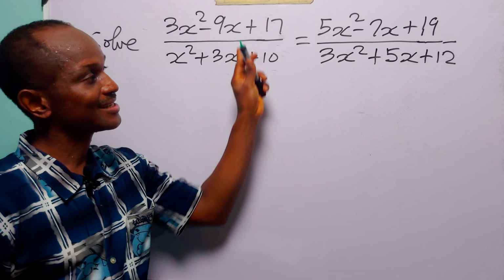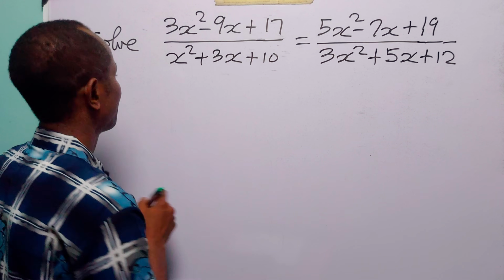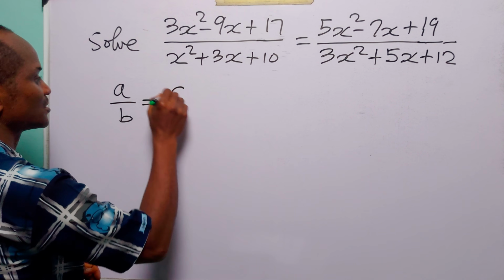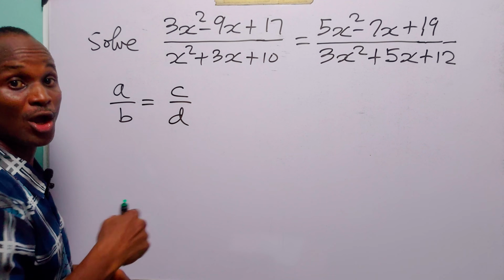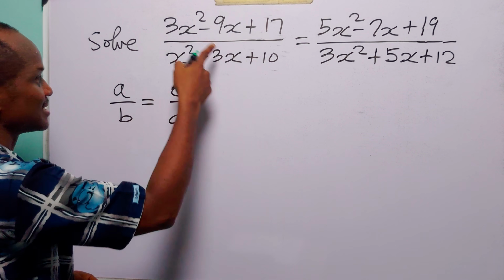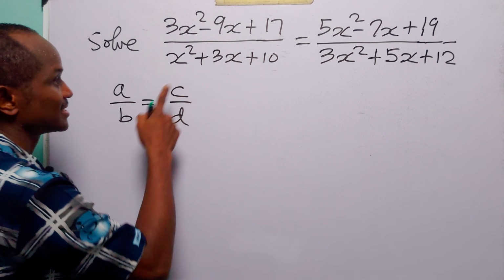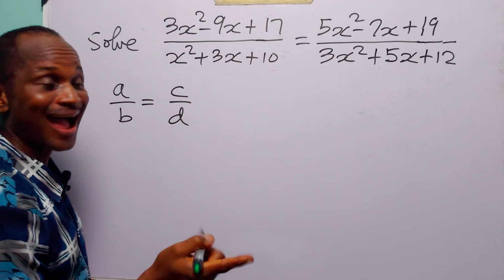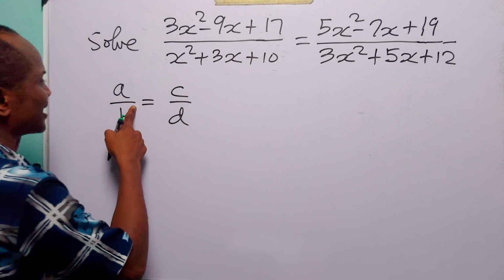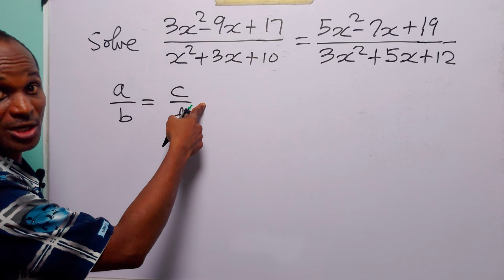Now, there's a very simple way of solving this particular problem. Let us represent this equation with a over b is equal to c over d. Of course, you know that a is this numerator, b is this denominator, c is this numerator, and d is this denominator. Now, let us subtract 1 from both sides of this equation.